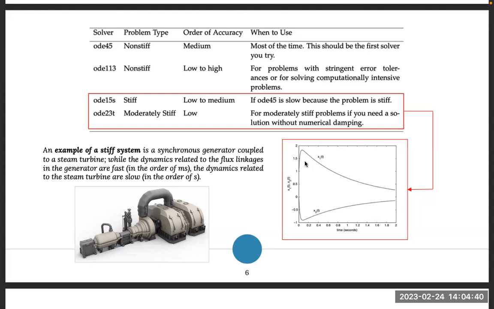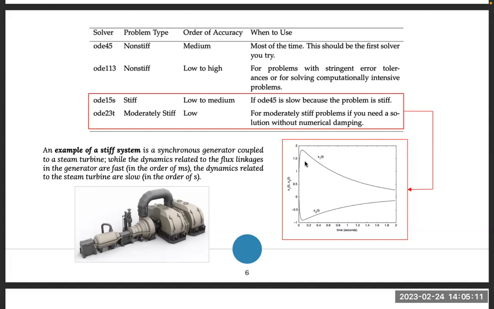However, from the mechanical side, because you're going to have some generator coupled with some turbine, let's say a steam turbine, here you have some dynamics related to the flux linkages. And here you're going to have dynamics related to the mechanical torque.